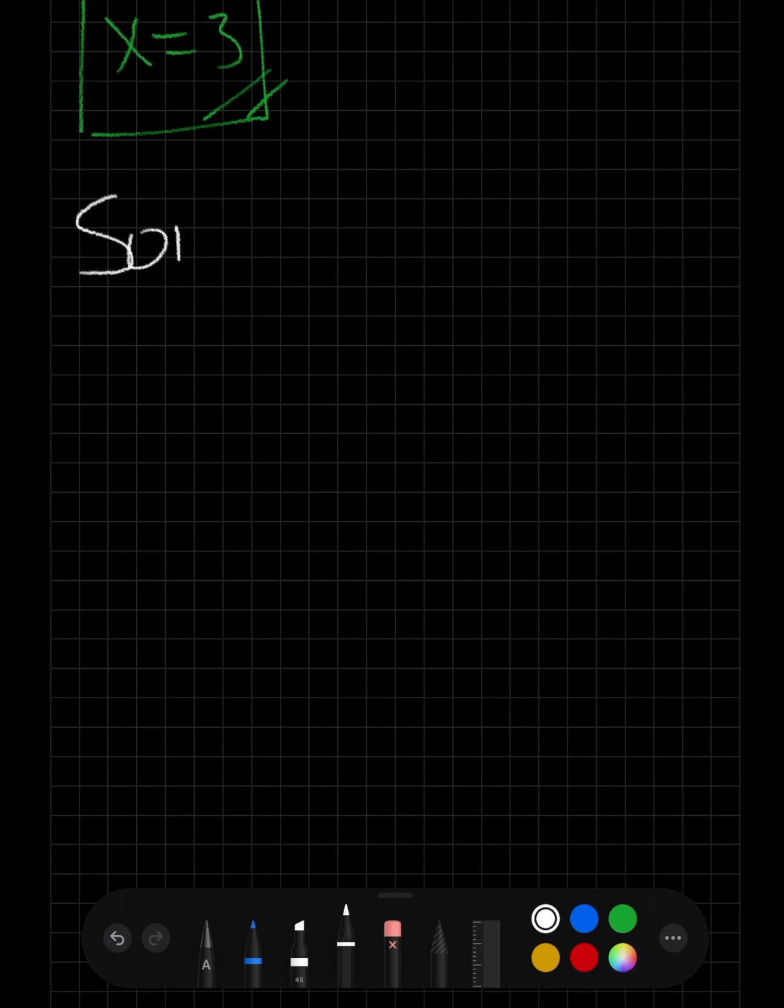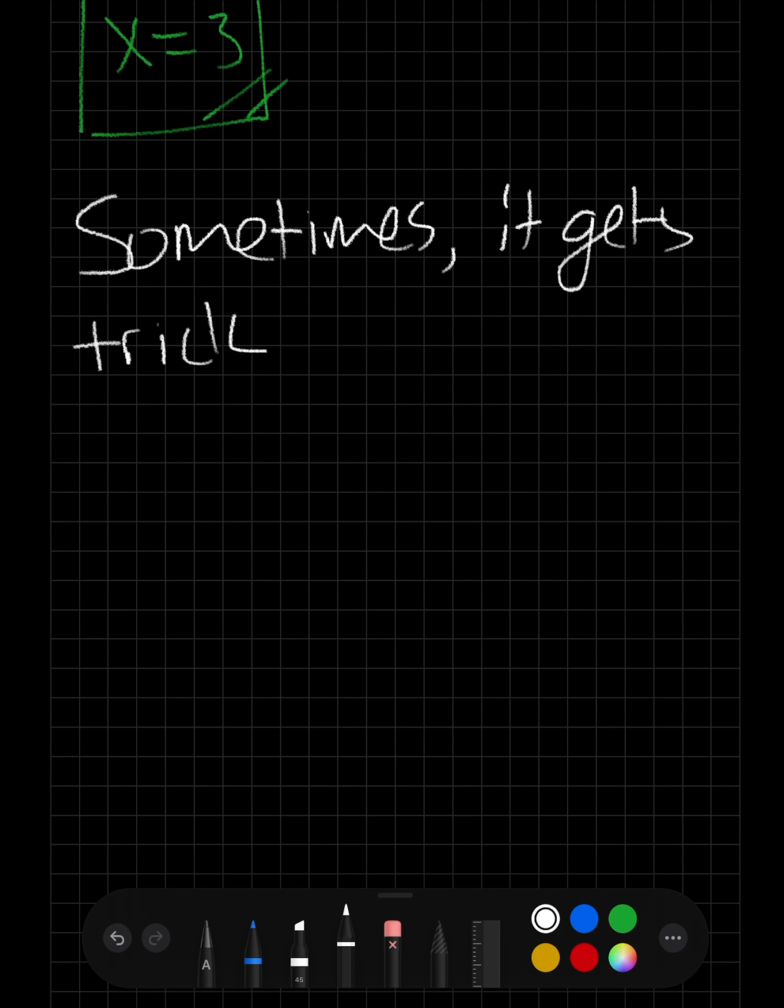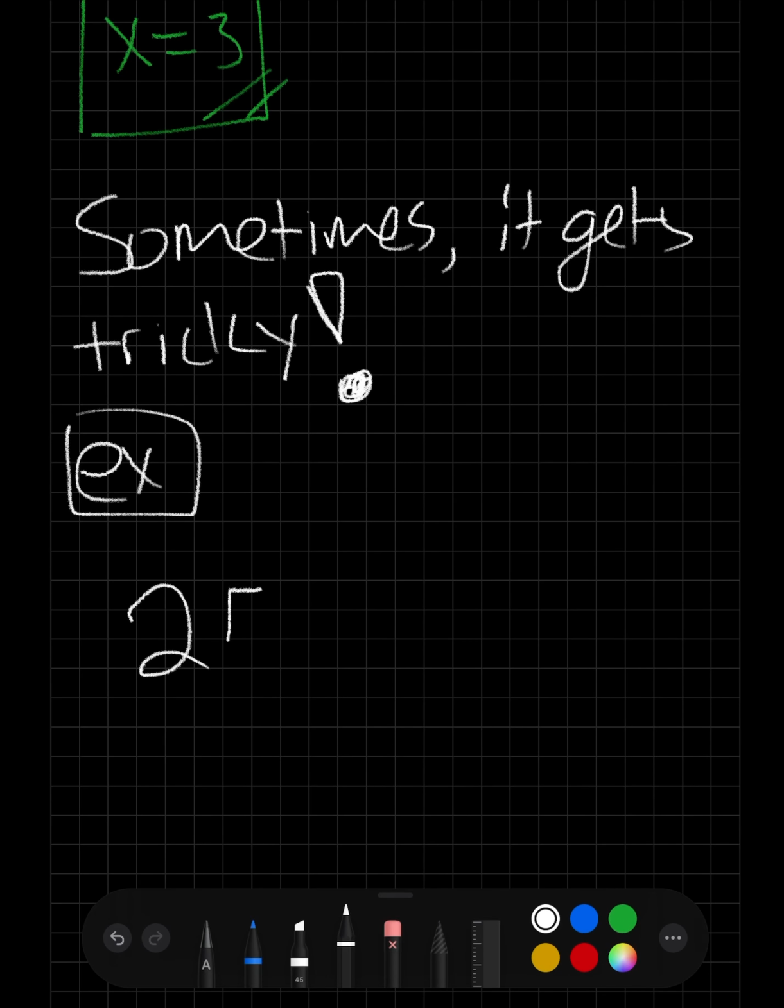Sometimes we like to hide the base. Sometimes it gets tricky. Let's see an example of something a little bit trickier. What if I gave you this example and I said, okay, 256 is equal to 4 to the x minus 5 power.